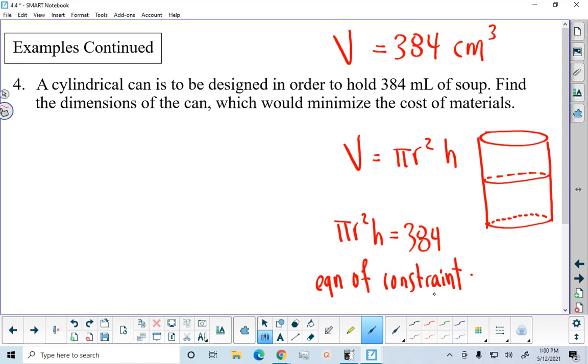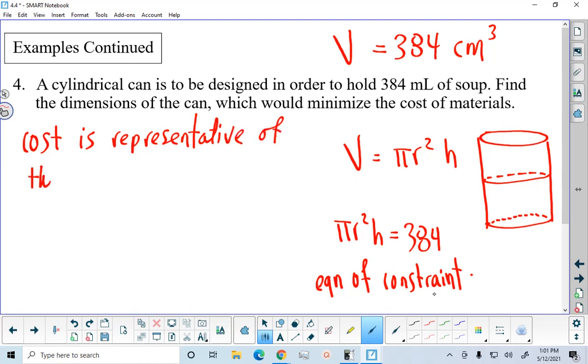What you need to appreciate here is that the cost is representative of the surface area. We don't know how much the material costs per square centimeter, but it doesn't matter.